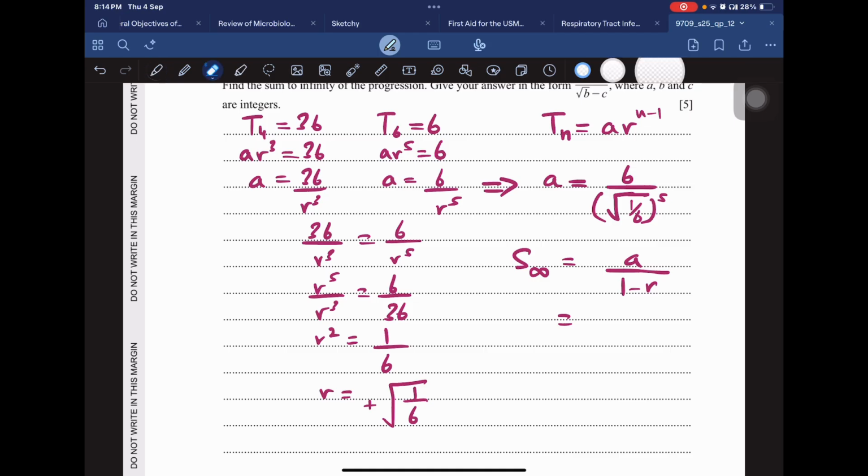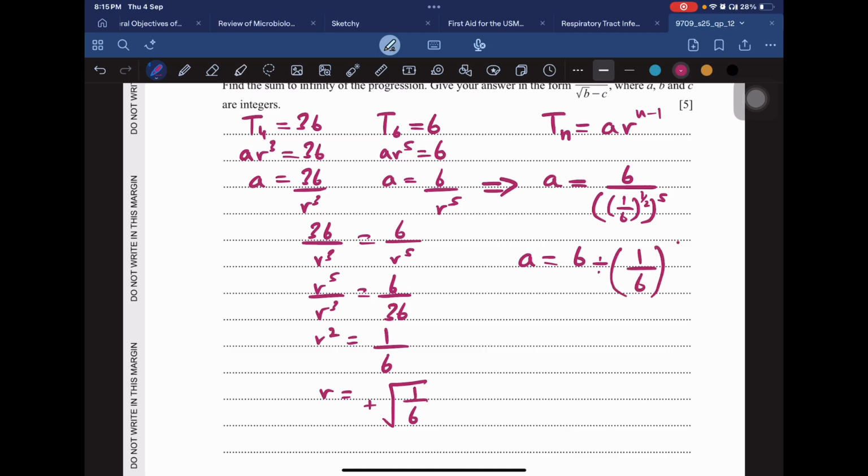Let's first simplify this. So a equals 6 divided by, this is basically 1 over 6 power half and then power 5. So we have 1 over 6 power 5 upon 2. And then to make this a multiplication sign, we'll have to reciprocate it. So 6 times 6 power 5 upon 2. So a equals 6 power 1 plus 5 upon 2, which will be 7 upon 2.